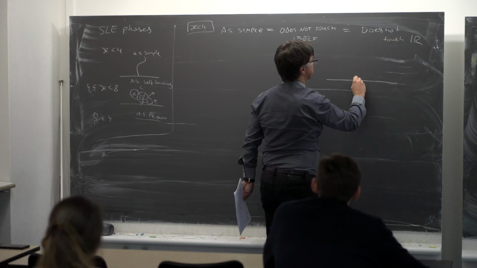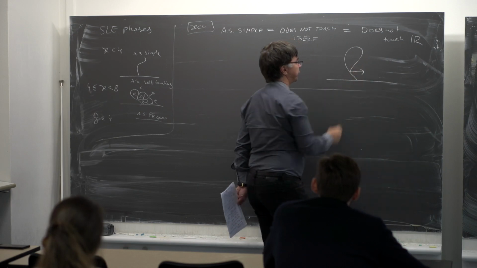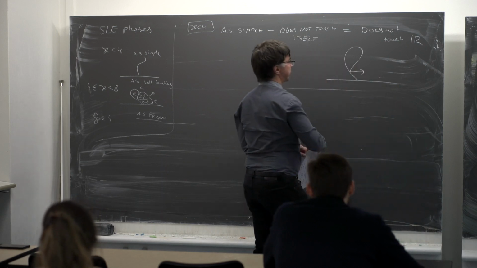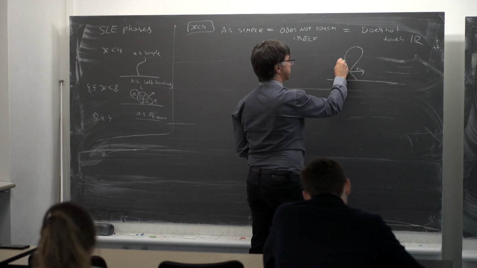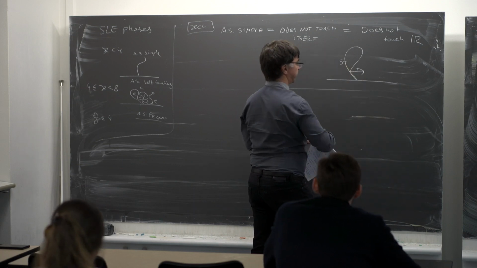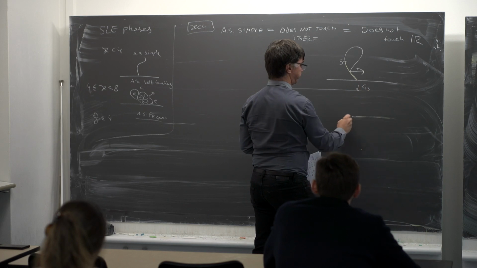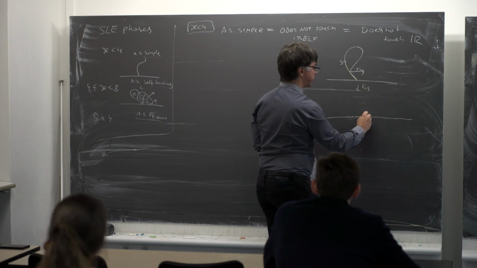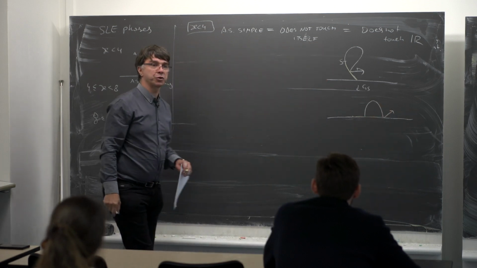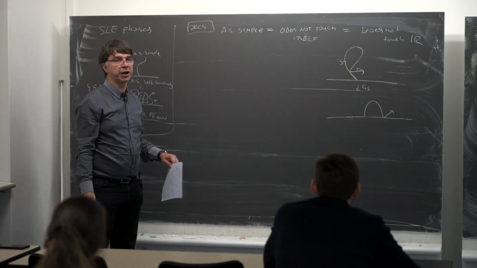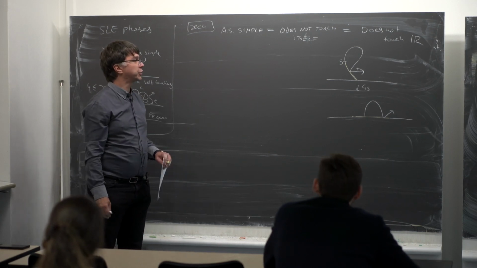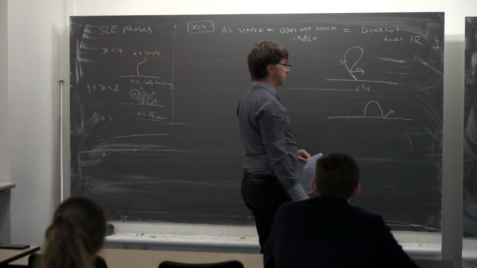Because what does it mean that it touches itself at one point? By conformal invariance, if it touched itself at time t, and this is time s, I can open it up to time s, and then this picture will become a picture where it touched the real line. So if it touches itself, then it touches the real line, and the other way around, just because of this opening. Not touching the real line is much easier.